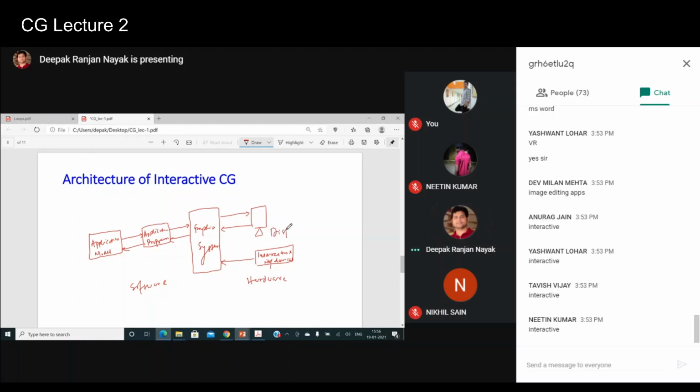Display devices like the monitor are here. Fine. So this is the conceptual architecture of interactive computer graphics.